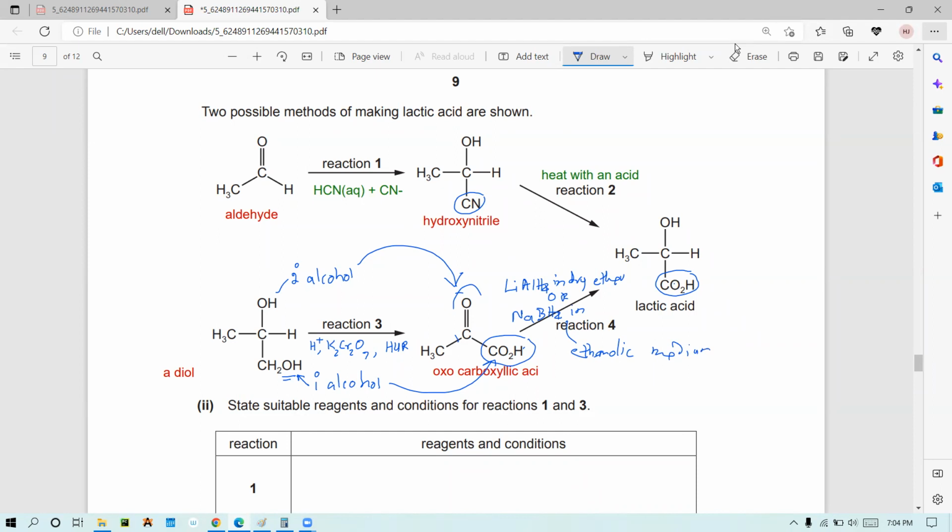All the necessary conditions and reagents for these 4 reactions have been given on the flow chart itself. Reaction for Y has been reduced to OH.